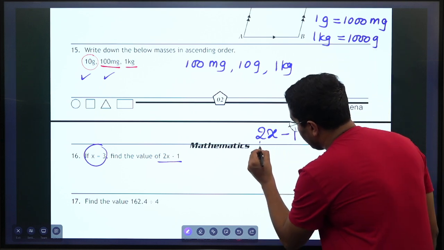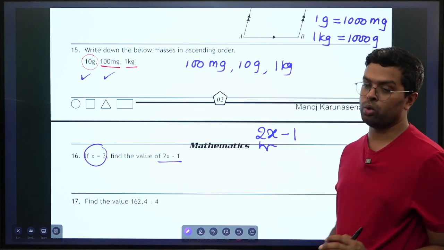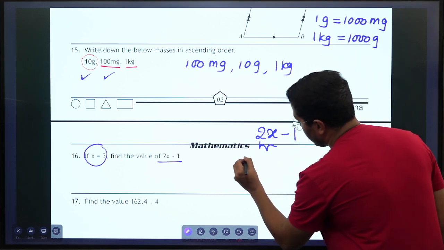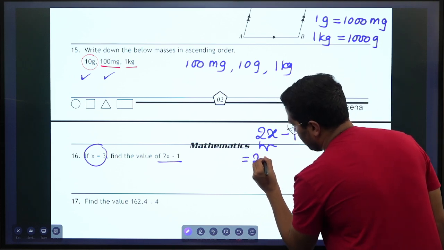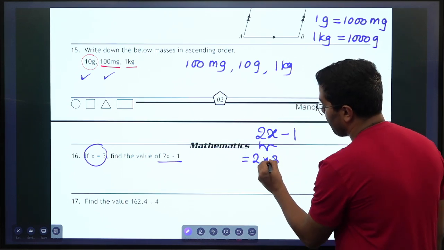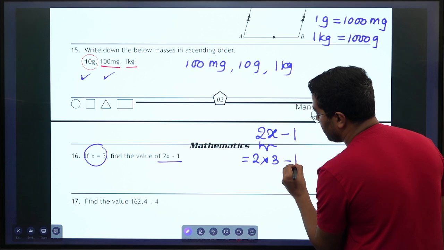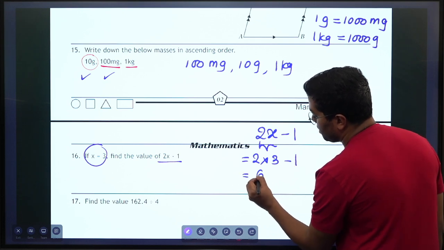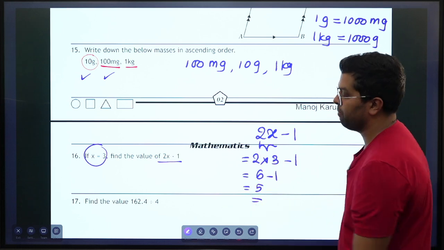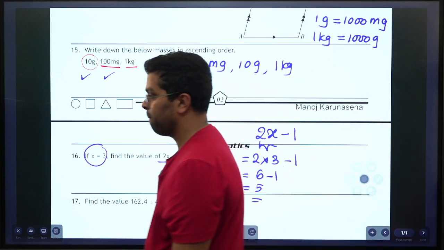The mathematical operation between 2 and x is multiplication. So 2x means 2 times x, and this time the value of x is 3. So 2 into 3 minus 1. 2 times 3 is 6, minus 1 equals 5. Alright. Moving on.